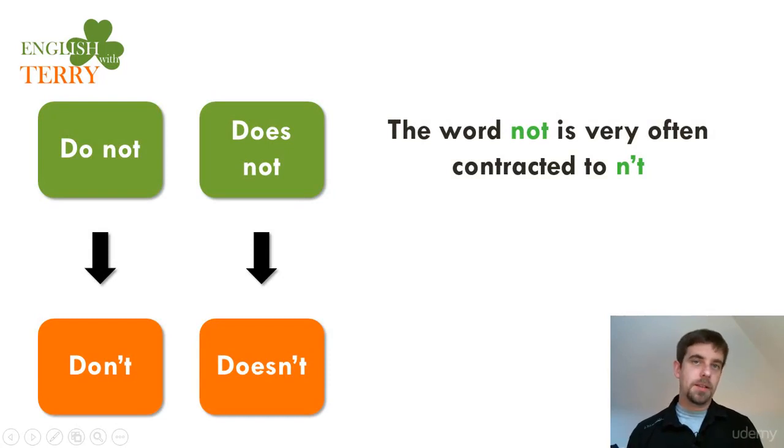When we look at the negative of a verb, we have two examples here: do not, don't; does not, doesn't. The word not is very often contracted to n't.